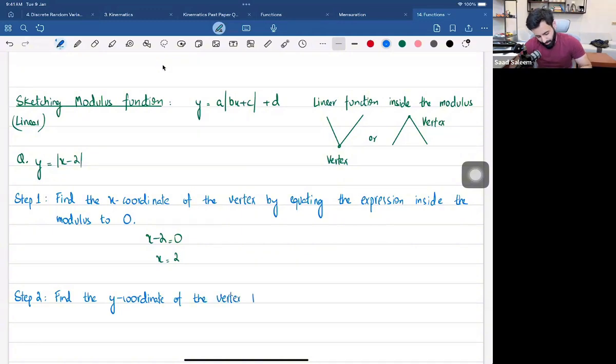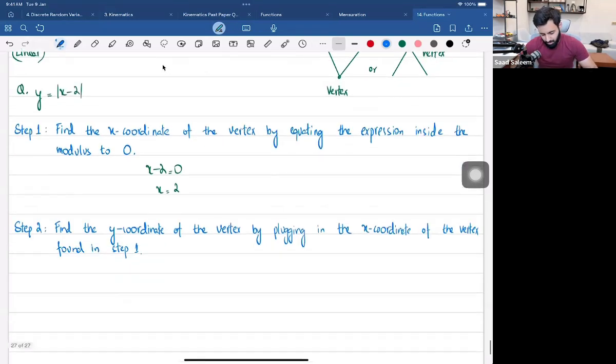How? By plugging in the x coordinate of the vertex found in step 1.